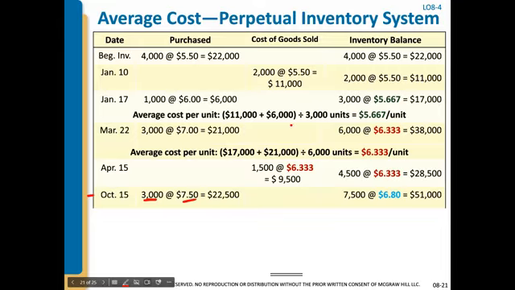So the previous ending balance that we had was 4,500 units at $6.33, which gave us $28,500, and then we acquired another $22,500.